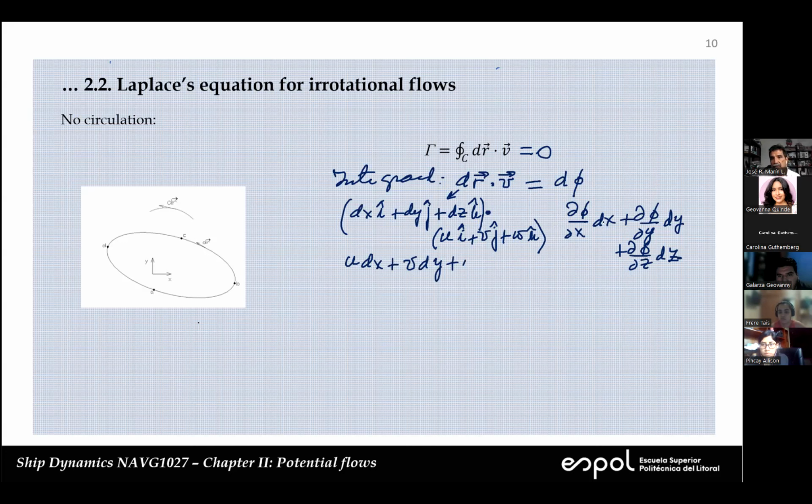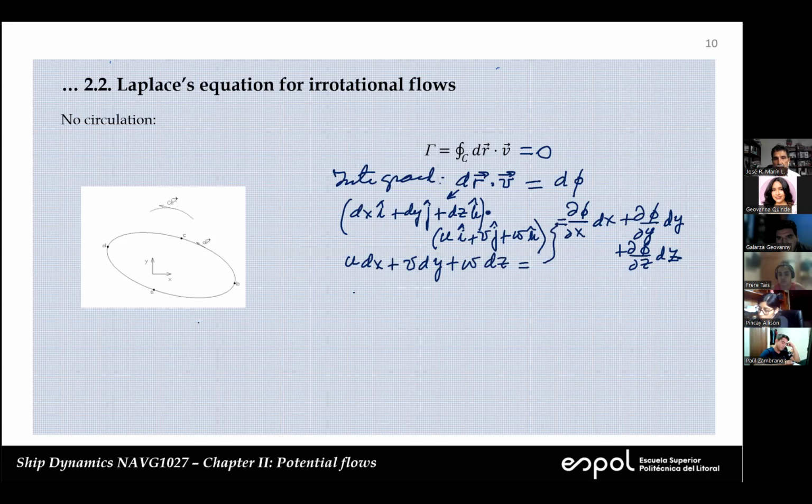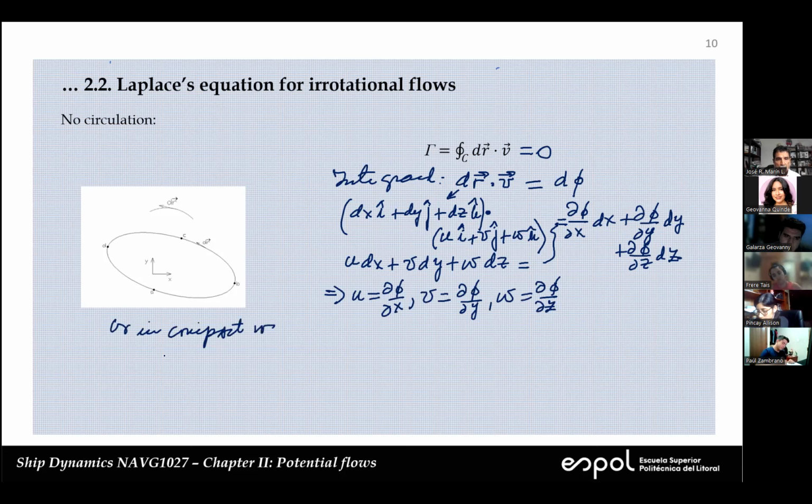Since this is a differential in x, y, and z, the only conclusion is that u has to be equal to d phi dx, v has to be equal to d phi dy, and w has to be equal to d phi dz. Or in a very compact way, we can put that the velocity is simply the gradient of phi.